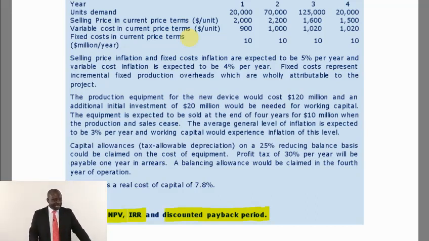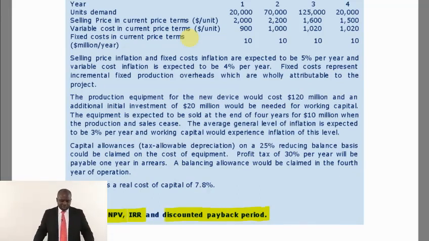Capital allowances, tax allowable depreciation on a 25% reducing balance basis could be claimed on the cost of equipment. Profit tax of 30% per year will be payable 1 year in arrears. A balancing allowance will be claimed in the 4th year of operation.